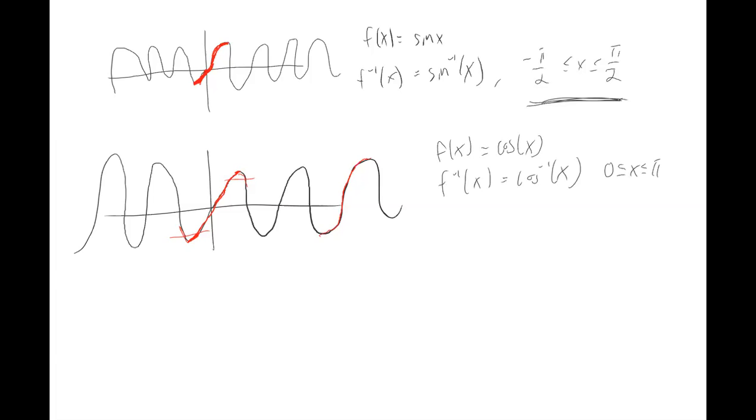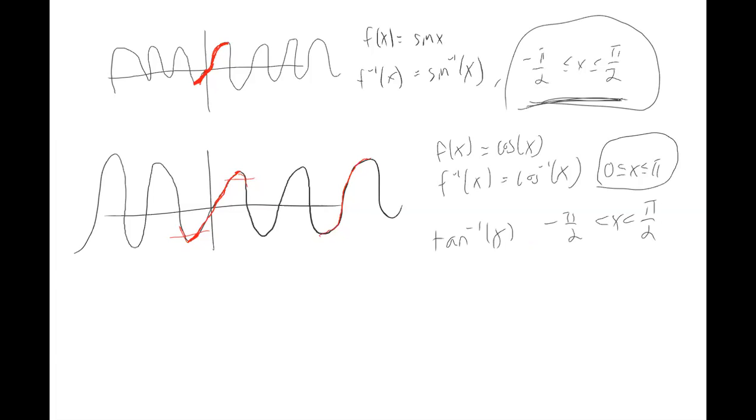And similarly, tan inverse lies in this interval. Don't ask me why they chose this, it's just the choice they made. They could have chosen a different part of the wave. But on here, sine is 1-to-1 and invertible. It passes the horizontal line test.